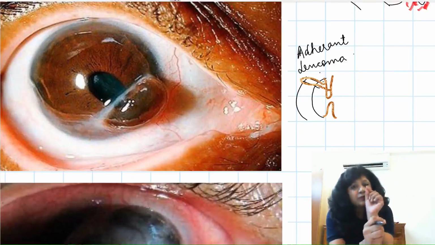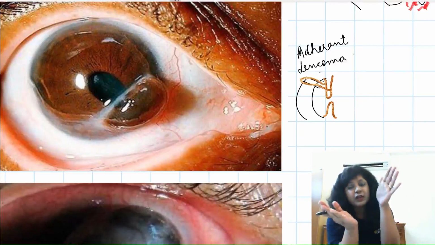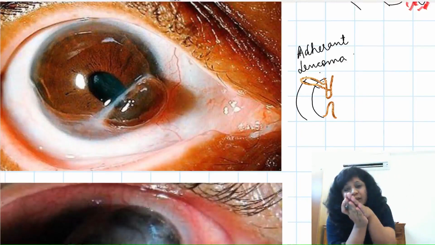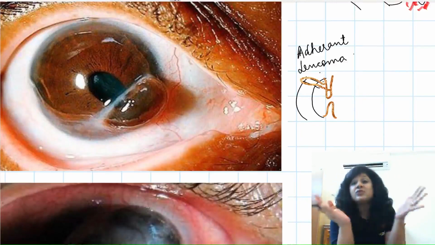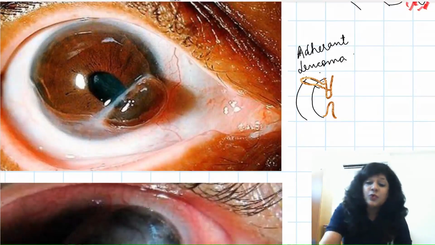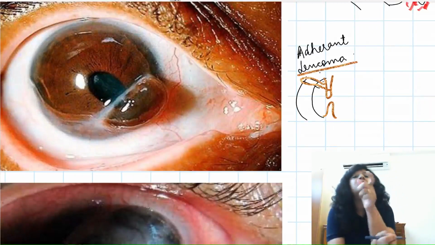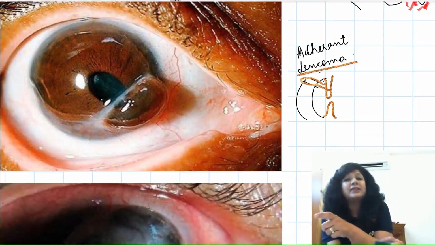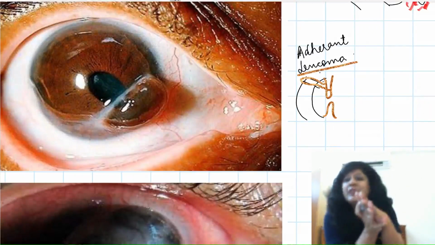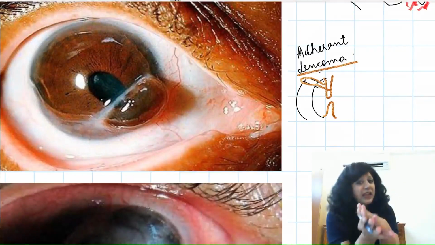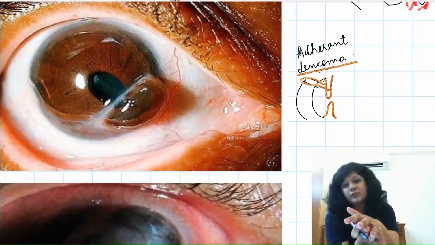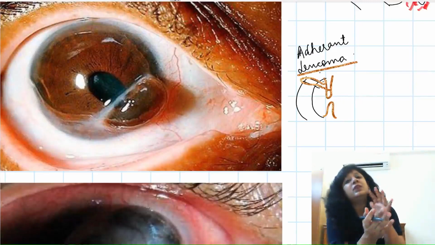So you are able to see a very small pinch of iris which has sealed that corneal perforation. Adherent means due to the adhesion. Leukoma. Leuco means white and oma means opacity. So due to the adhesion of the iris, due to the sealing by the iris, the small perforation of the cornea has been converted into opacity.